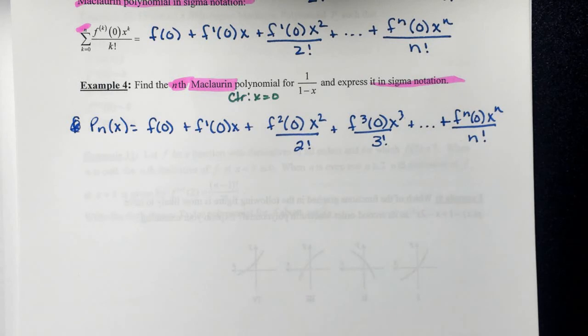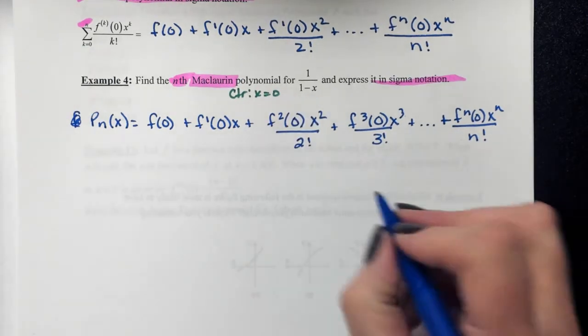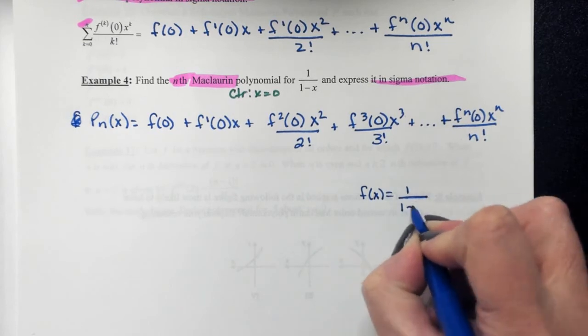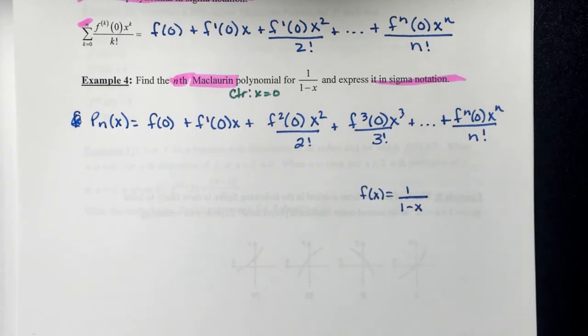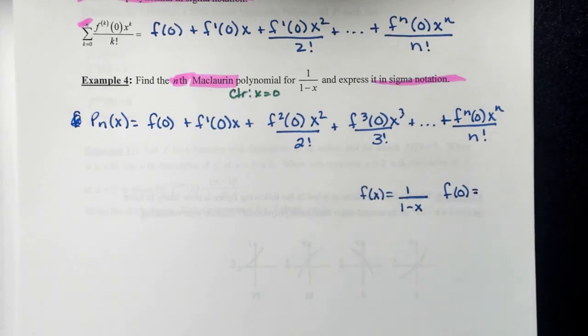So that's the Maclaurin polynomial we're trying to write. So again, they're giving me my function, 1 over 1 minus x. So f of x is equal to 1 over 1 minus x. So I need to find f of 0. What is f of 0 going to be equal to? 1.